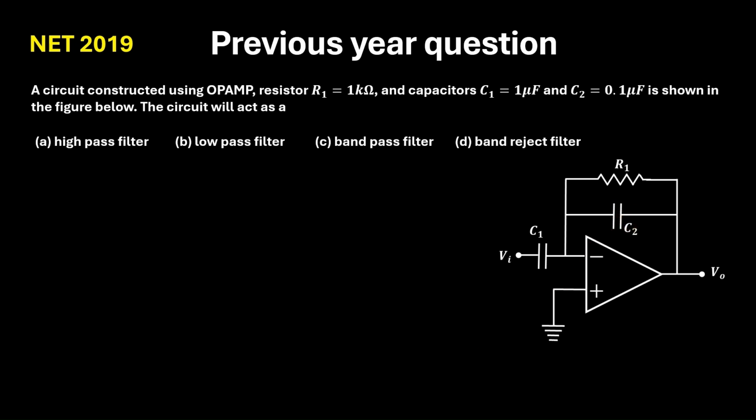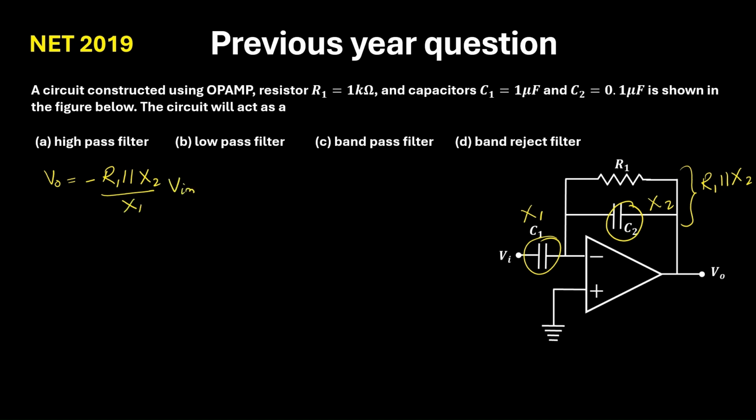I'll denote the impedance by X2, so the effective impedance will be R1 in parallel to X2, and let the impedance of C1 be X1. So we can write the output as minus R1 in parallel to X2 divided by X1 into V input.